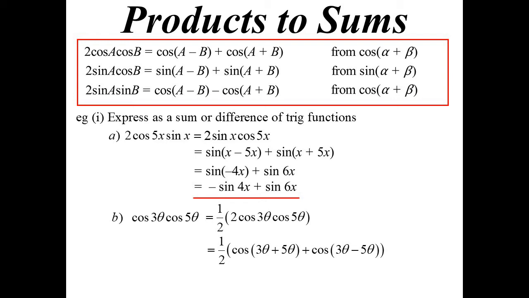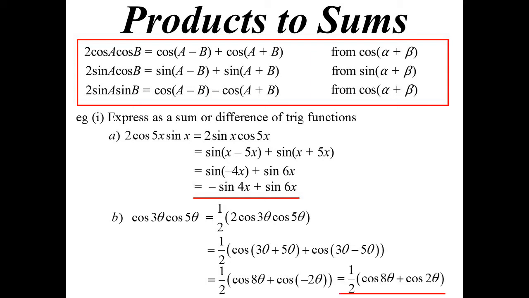Because you can add in any order. Reality is I probably would normally have gone 3 theta minus 5 theta first, because I keep the minuses first, but I just put that one there to point out that it doesn't really matter when you're adding. And we end up with, oh, hang on a sec, cos minus 2 theta. Cosine is an even function, so that's the same as cos 2 theta.